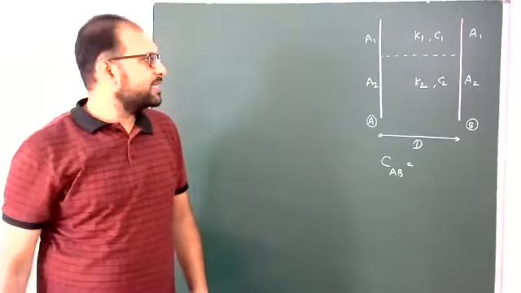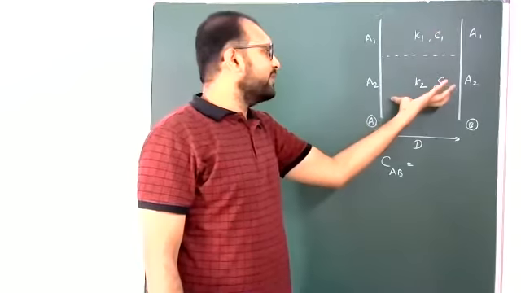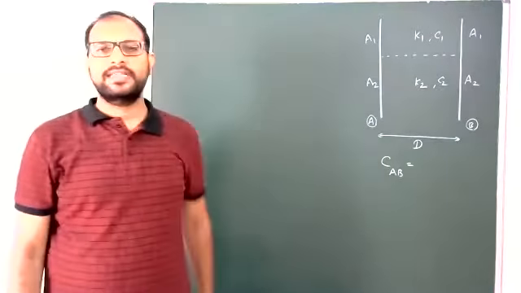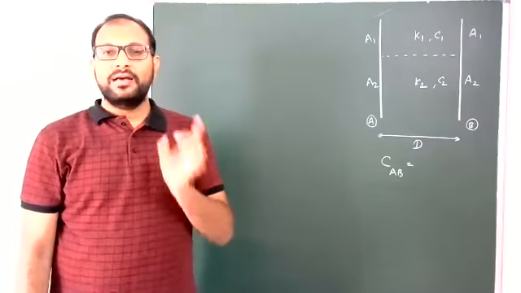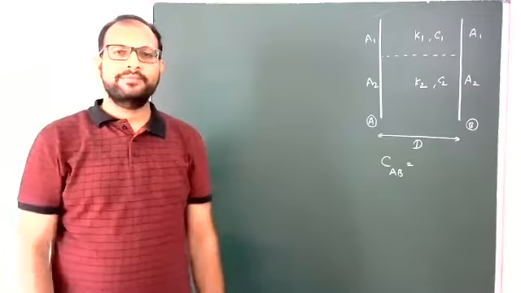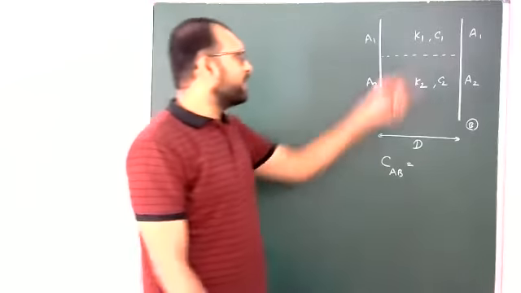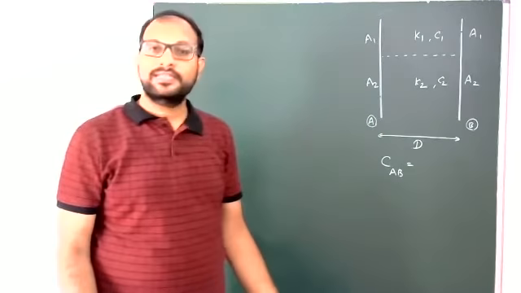How do we know it is a parallel combination? Because between these two plates and between these two plates, the potential difference is the same. In a parallel combination of capacitors, the potential difference across all capacitors should be the same.